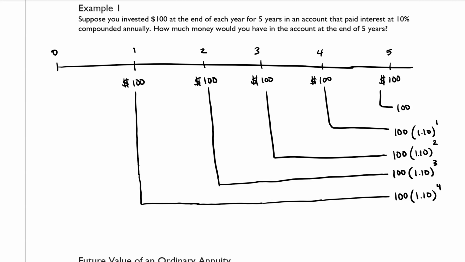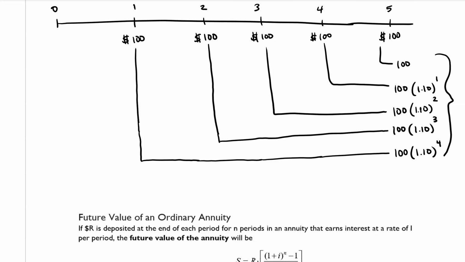And so the future value of the account is just going to be the sum of all of these 5 terms. I'm going to abbreviate future value as FV.